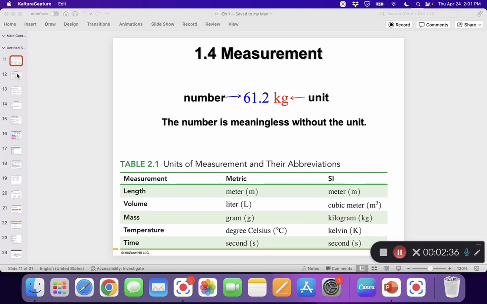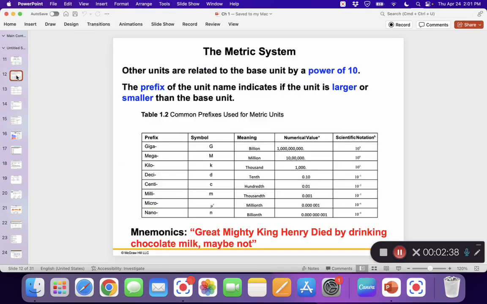As I mentioned, we can use several different systems. Let us first look at the metric system. You might have seen the metric system before in high school, so we are refreshing some of the things you learned there. In the metric system, all the units are related to the base unit by a power of 10.